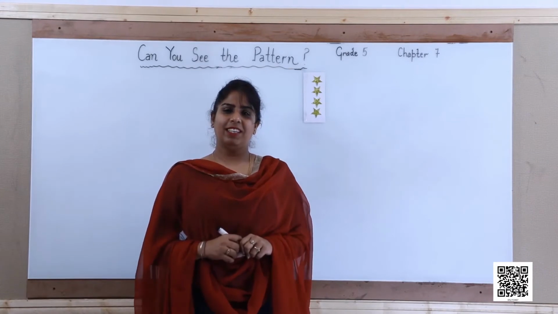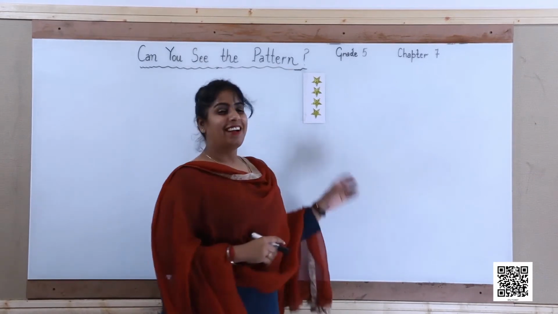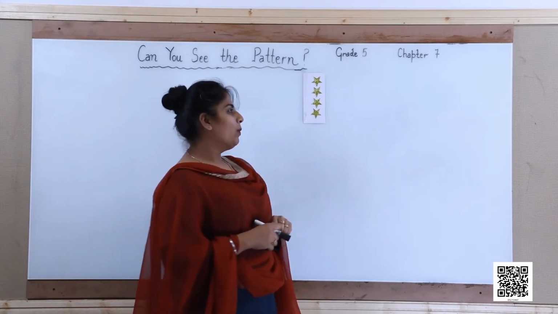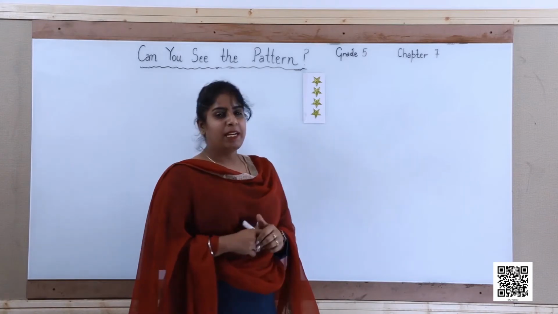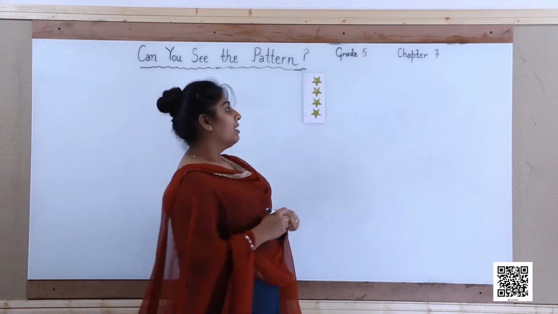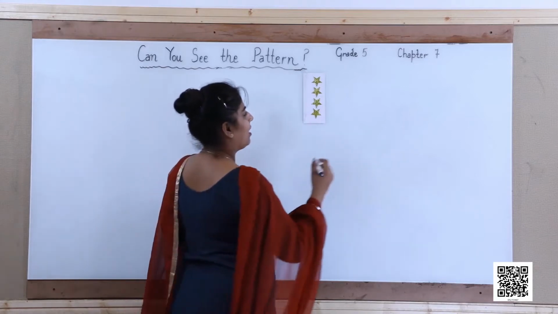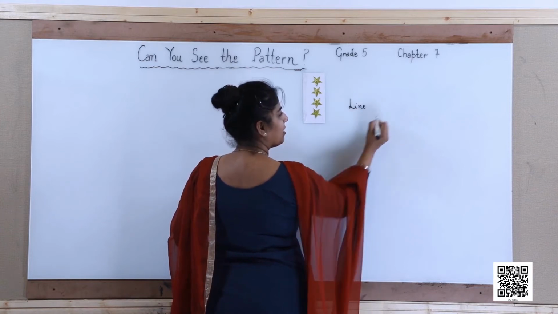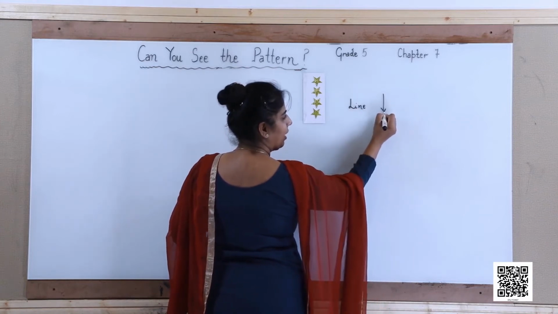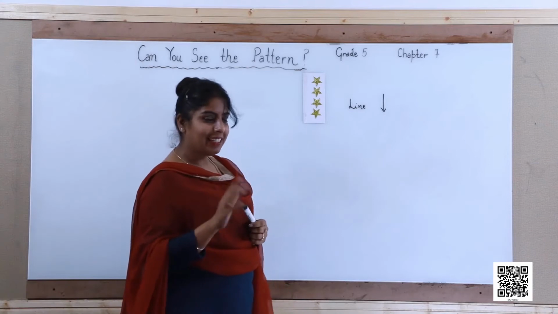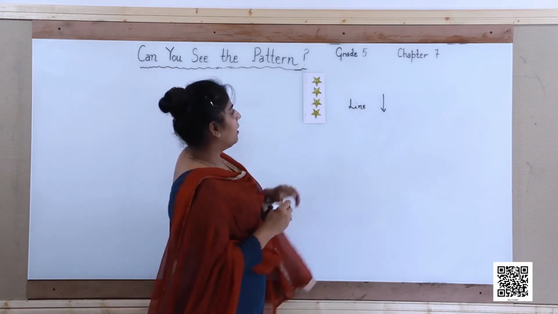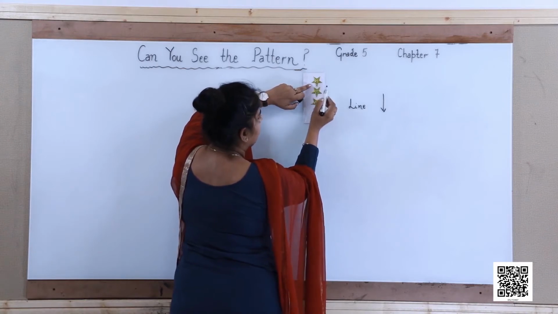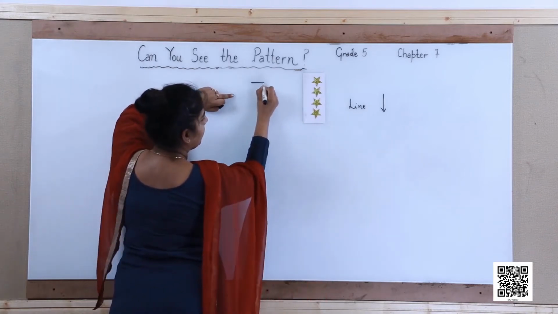Now what do you see? Yes, there are twinkle, twinkle little stars. So, is there some pattern? Yes, these stars are in a line and the line is downwards. Right? And there is another pattern, that is when there is a space like this, the shape is like this, you see?